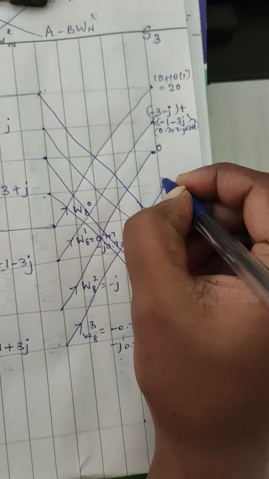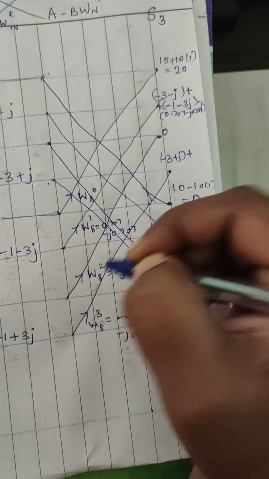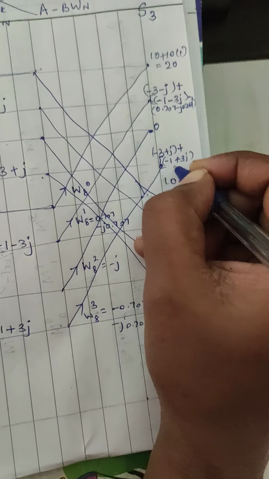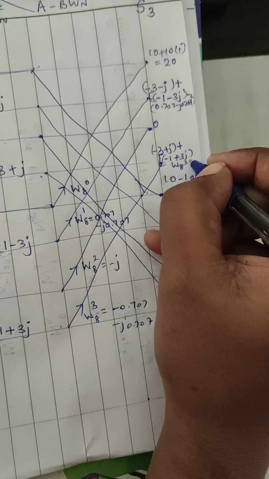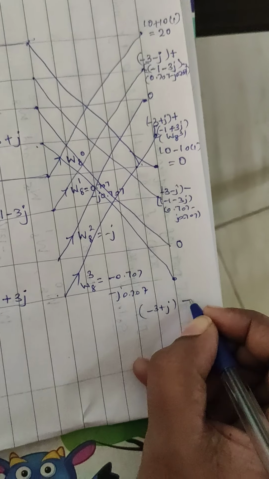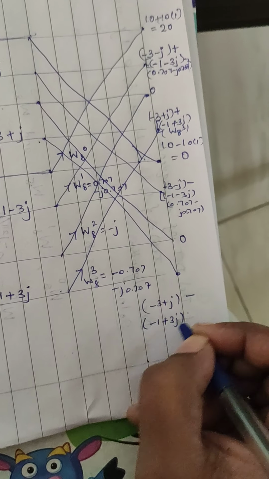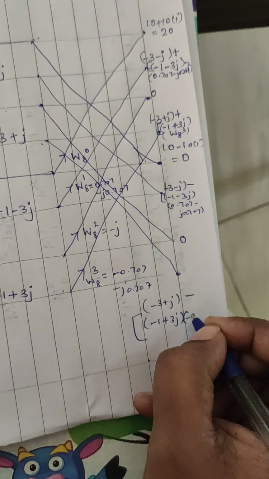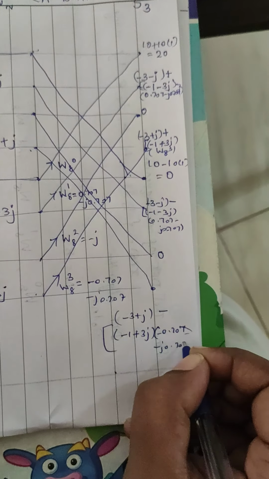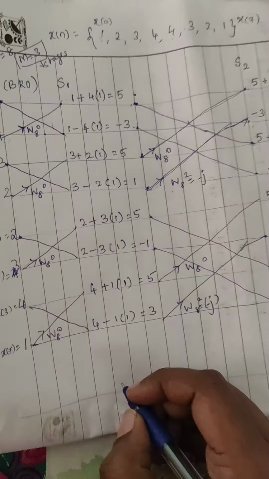The same thing we will write here: minus 3 plus j plus b, which is minus 1 plus 3j into the twiddle factor. Similarly, here it is minus 3 plus j minus minus 1 plus 3j into the twiddle factor value minus 0.707 minus j 0.707. So you will get a final answer. You have to write like this.